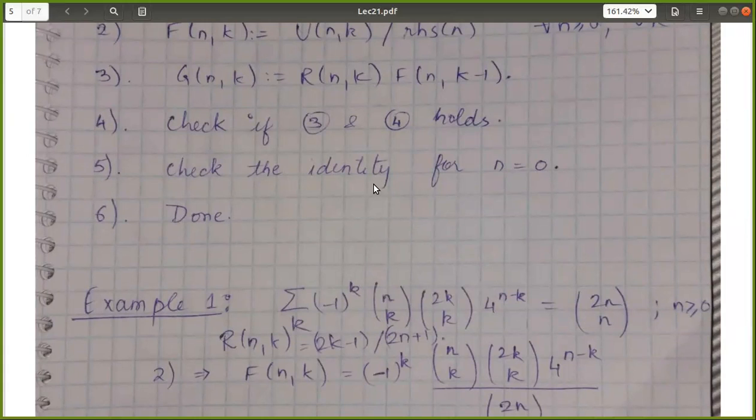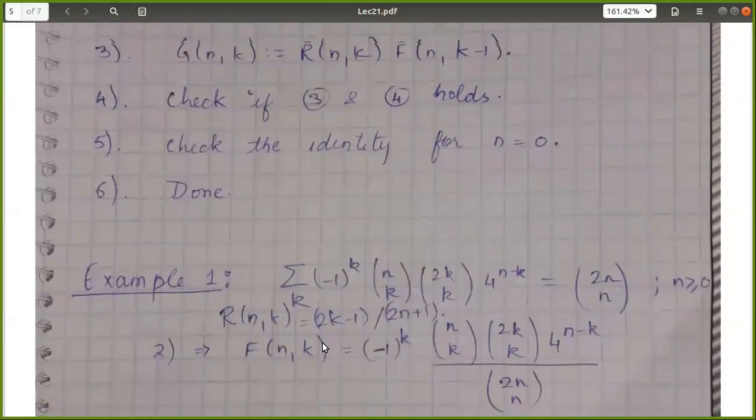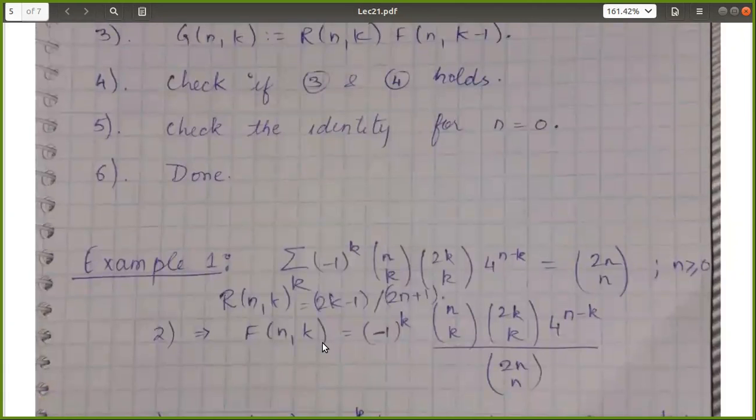What is the RHS of n? 2n choose n. Right. So then the R(n,k) is given to be (2k-1)/(2n+1). This is then the rational proof certificate. So then we need to find F(n,k-1). First of all, what is F(n,k)?